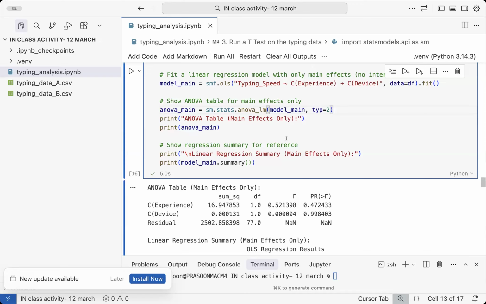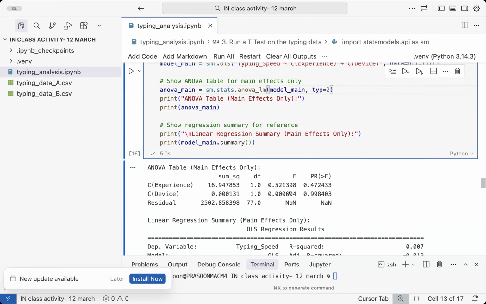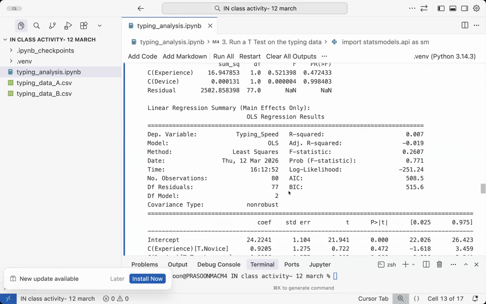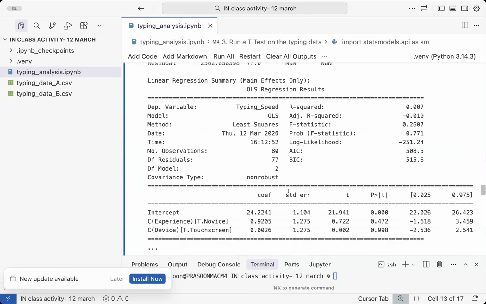So the equation is the one I showed: this thing times experience plus this thing times device plus the error term. A linear combination of these variables. You're estimating the coefficients. Yes, here. Okay. Good.